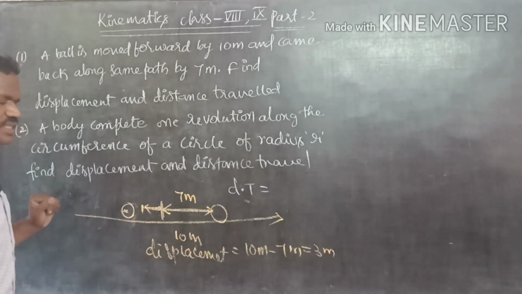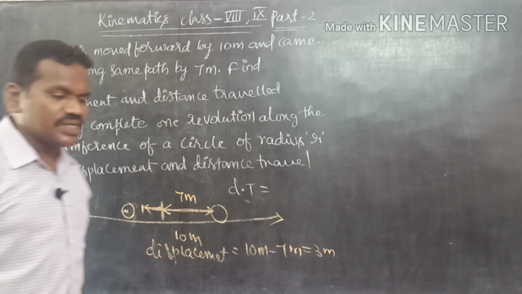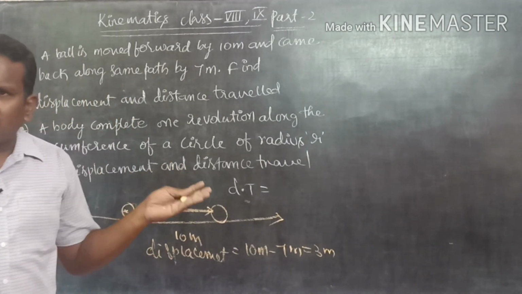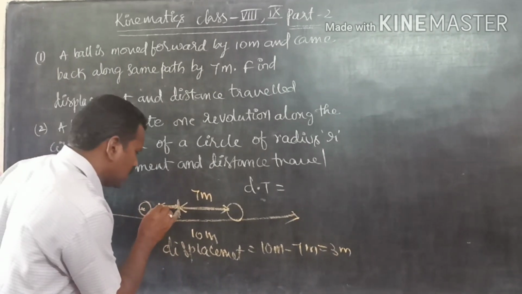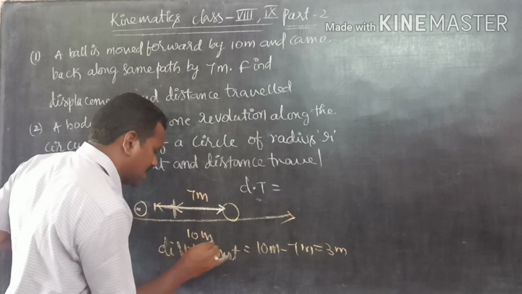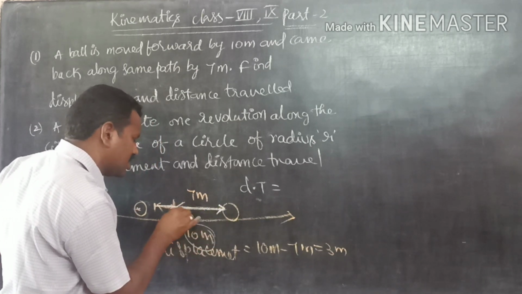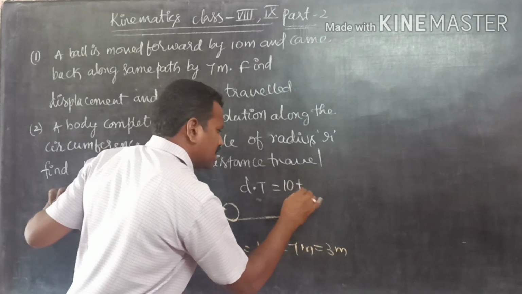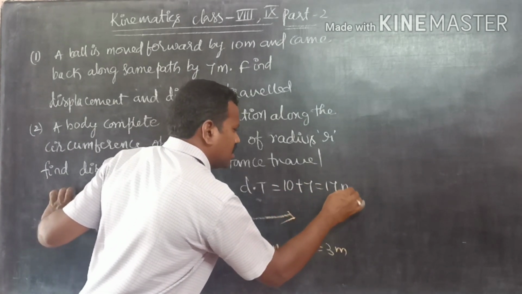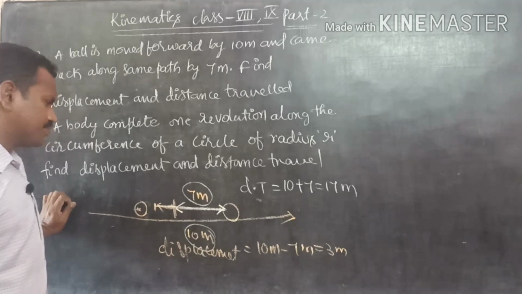Now, I require the distance travel. dt stands for distance travel. What is the meaning of distance travel? The total path taken by the body. In the forward direction it moved 10 meters and in the reverse direction it traveled 7 meters. Then the total path is 10 plus 7, that is 17 meters.